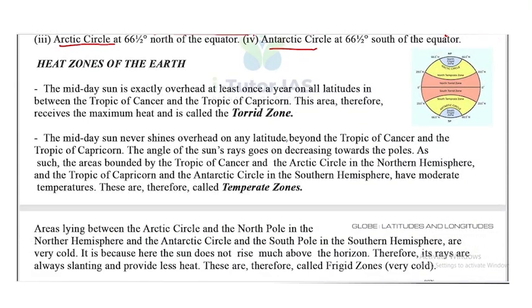Now, heat zones of the Earth. The midday sun is exactly overhead at least once a year on all latitudes in between the Tropic of Cancer and the Tropic of Capricorn.